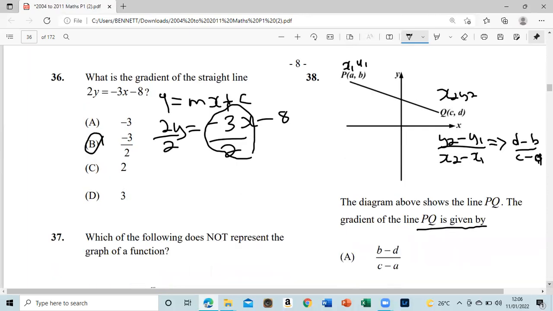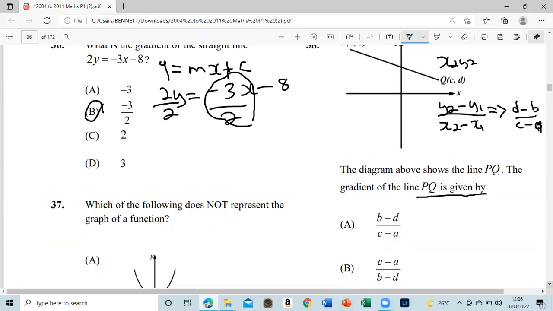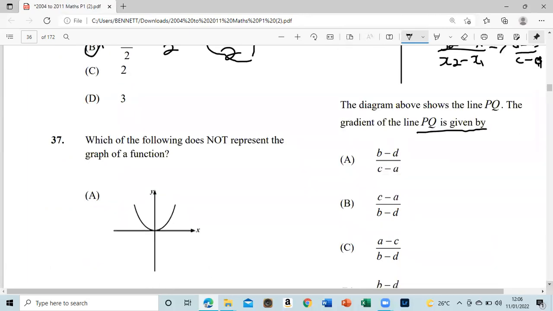So number one can't work, because they turn it to c minus a with d in front, then put b. So we can't take that one. C minus a, no, they can't have the x up at the top.